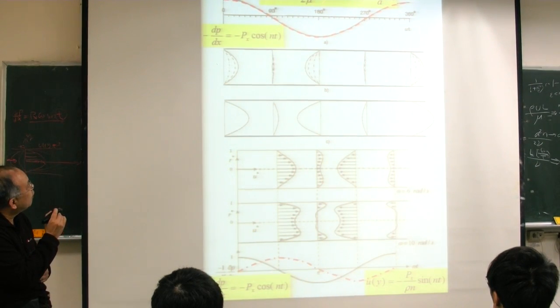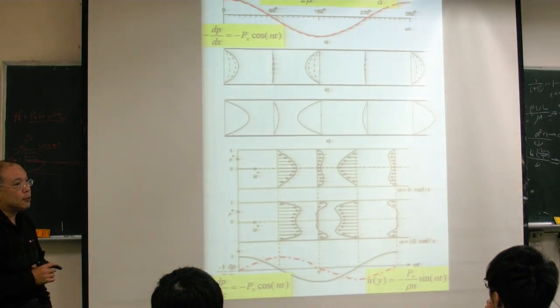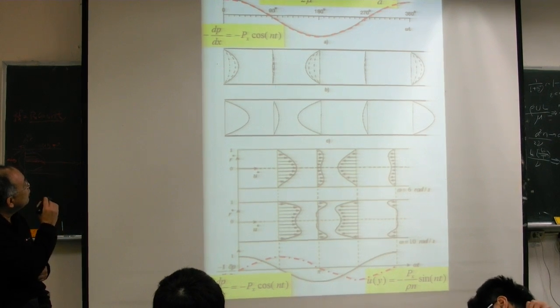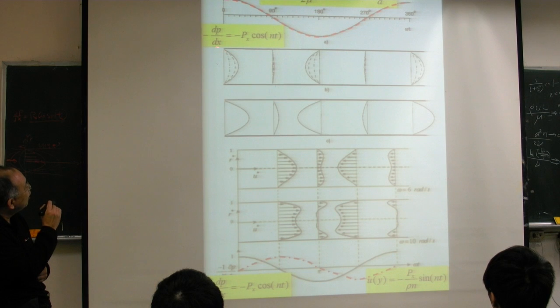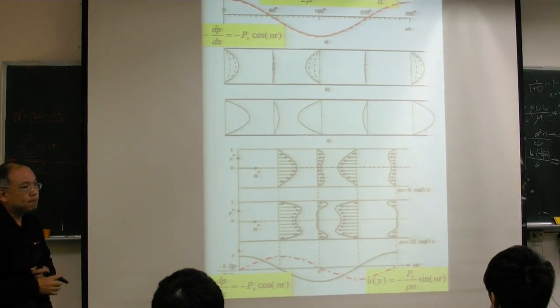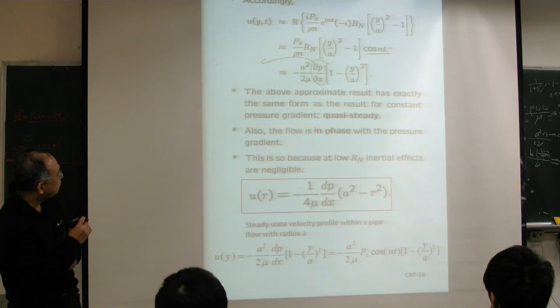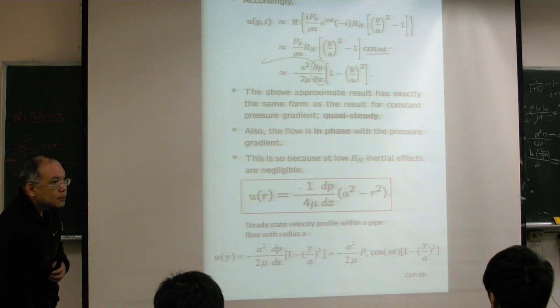Because this is a cosine function and this is a cosine function, they don't have any difference. So when we have the highest forward pressure, minus dp dx is the highest, we have the maximum velocity. That represents this case. We're in phase with the pressure gradient.